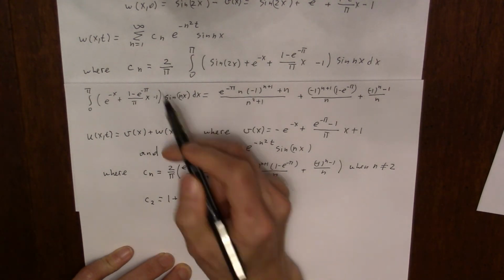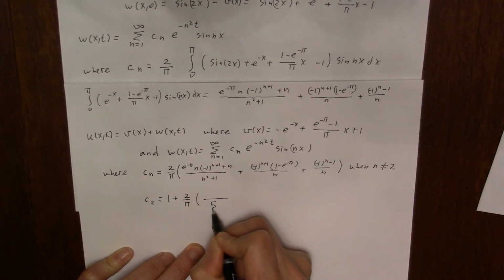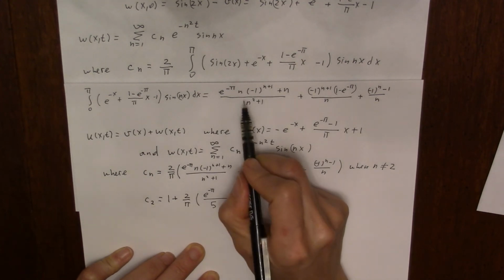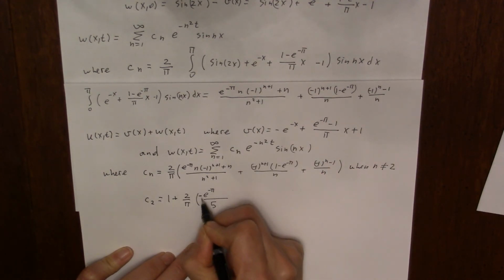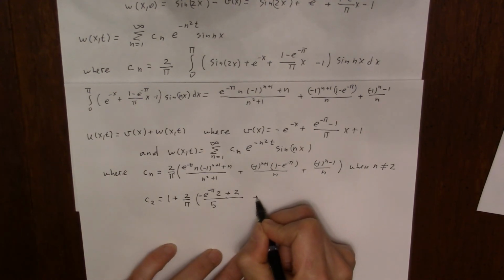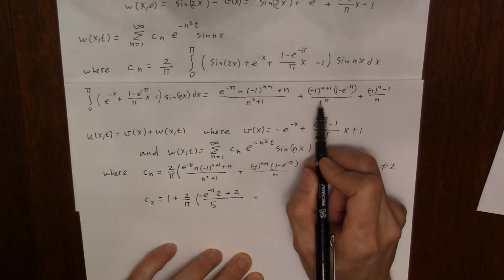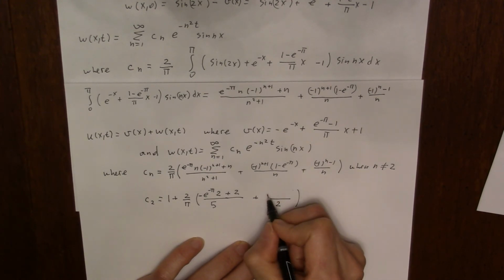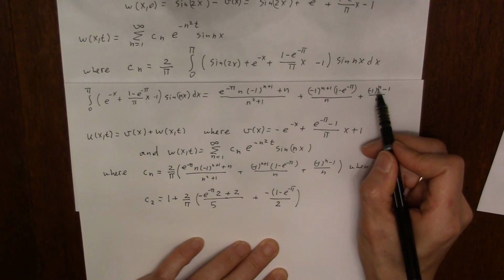So copy that 2 over pi, and the value of the integral: 2 squared plus 1 is 5, e to the negative pi times 2 times negative 1 to the third, so we're going to get minus times 2 plus 2 plus negative 1 to the third, we're going to get 2 here, we're going to get minus 1 minus e to the negative pi, and minus 1 squared is 1, 1 minus 1 is 0.